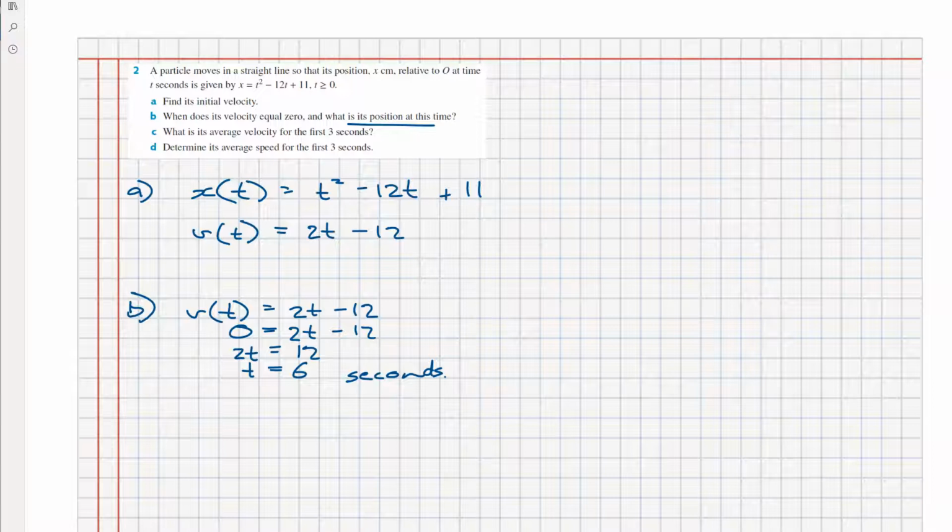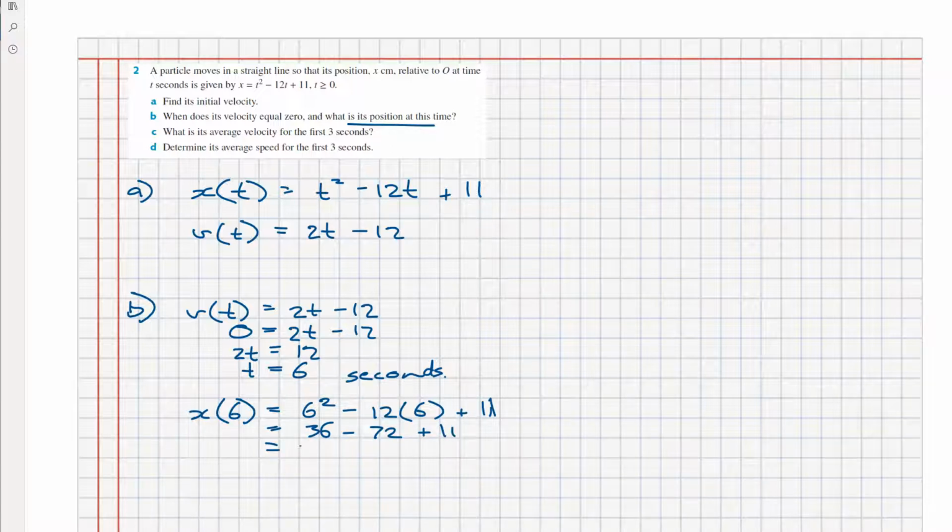So using this value of 6 here, we sub it back into the function describing the displacement, and that's going to be 6 squared minus 12 times 6 plus 11. This is going to come out as 36. Take 72 plus 11.